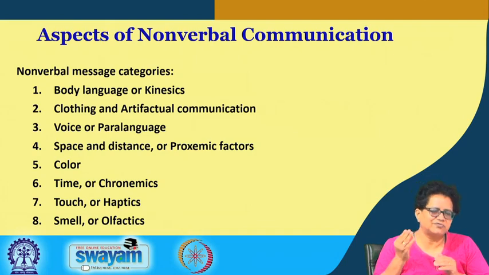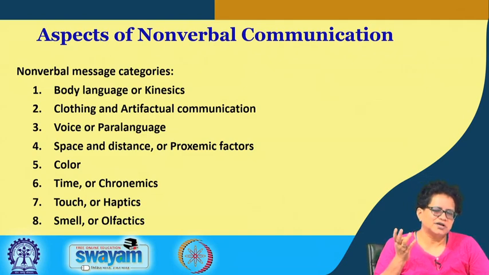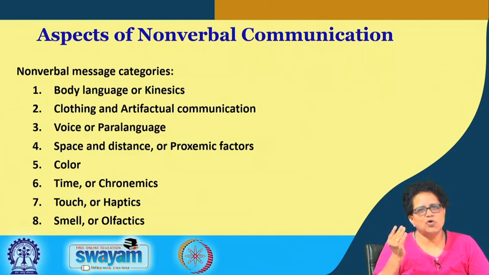We have covered number 4, space and distance or proxemic factors. So, we have done kinesics, vocalics, proxemics and clothing and artifactual communication. Now, we are left with 4 more, they being color, time, touch and smell. In other words, color, chronemics, haptics and olfactics.